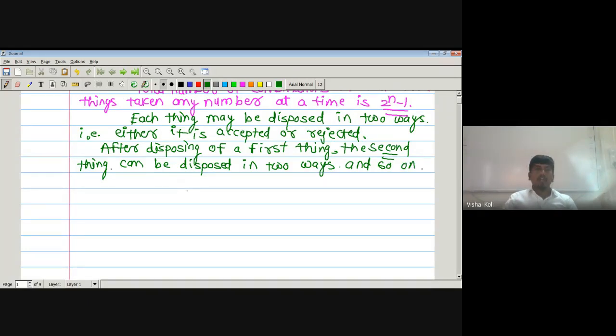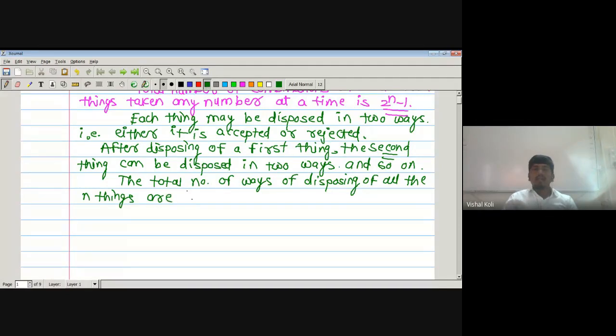Okay, so the total number of ways of disposing all the n things is nothing but: first thing has two possibilities, second thing also has two possibilities, and so on n times.